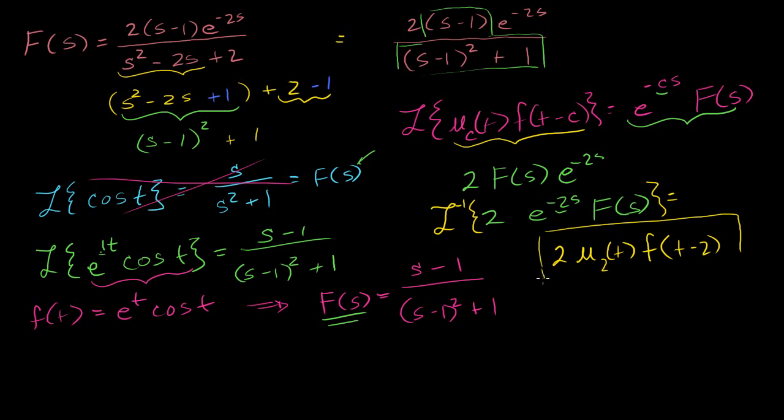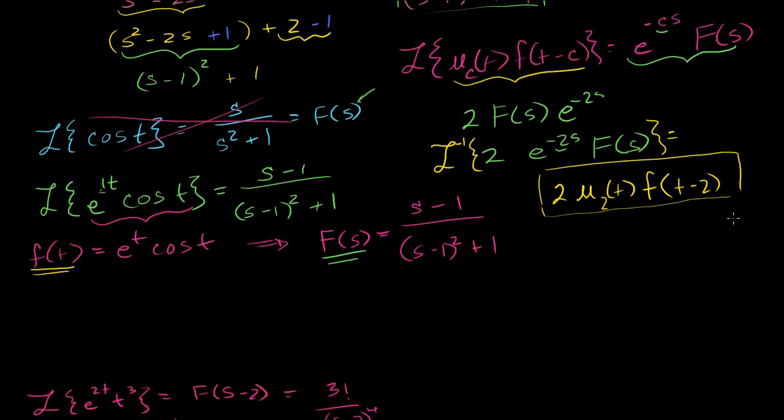Now, what was our function? Our function was this thing right here. So if our inverse Laplace transform of that thing that I had written is this thing, and f of t is equal to e to the t cosine of t, then our inverse, let me write all of this down. Let me write kind of our big result.